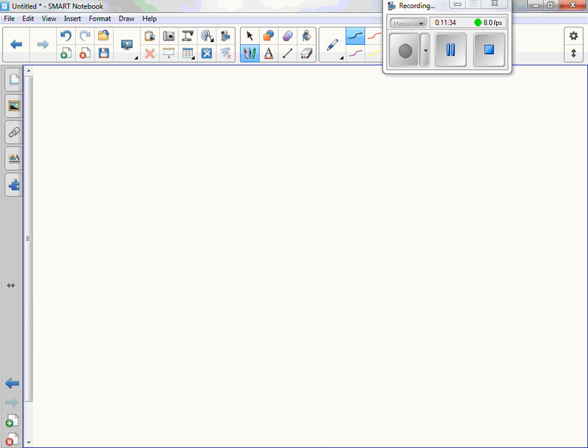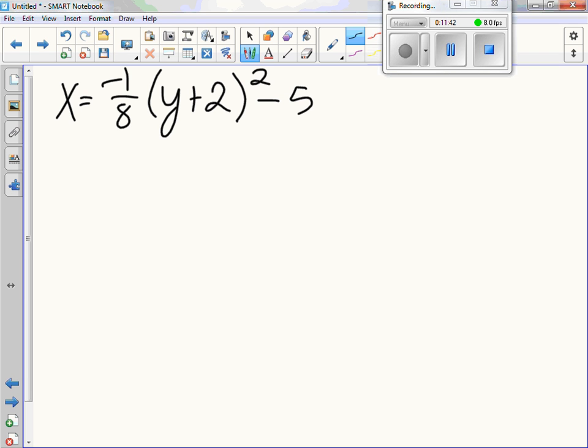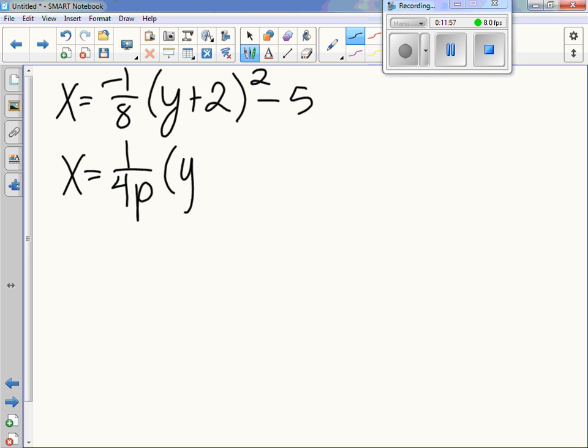We're going to look at example number 2. So which equation does this example problem look like? x equals? So this is similar to x equals 1 over 4p times y minus k squared plus h.